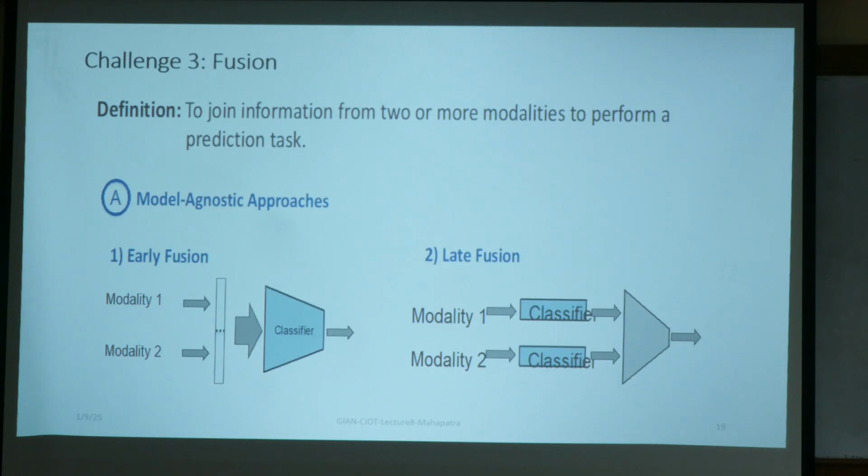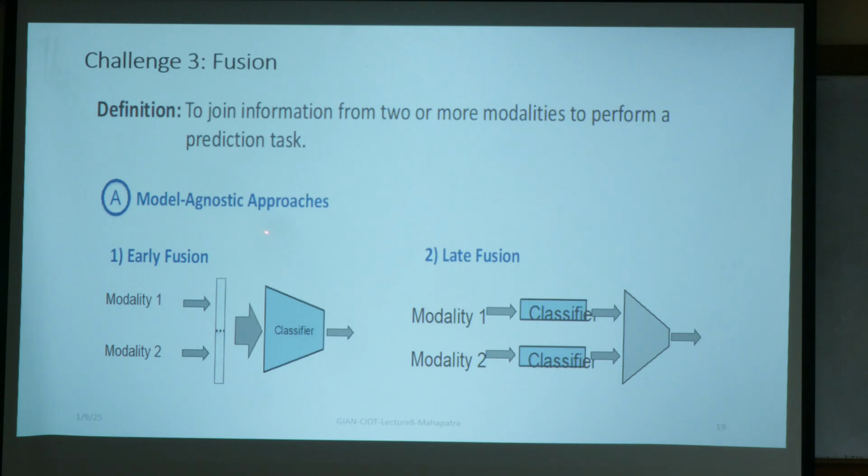The fusion means putting together, joining. So fusion definition is to join information, putting information together from two or more modalities, okay, to perform a prediction task. Now, again, you can have early fusion or late fusion.